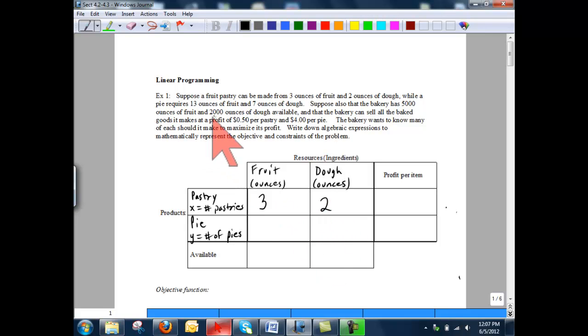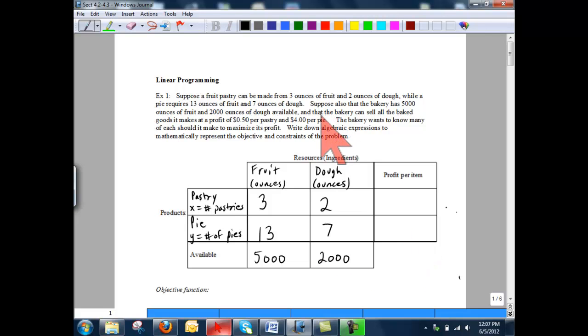On the other hand, a pie requires 13 ounces of fruit and 7 ounces of dough. That's the content of the first sentence. The second sentence says that the bakery has 5,000 ounces of fruit and 2,000 ounces of dough available. So 5,000 ounces of fruit, 2,000 ounces of dough available.